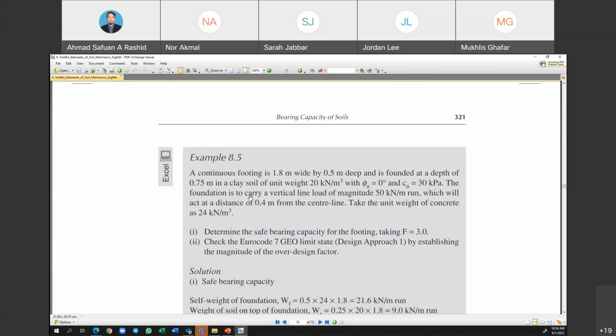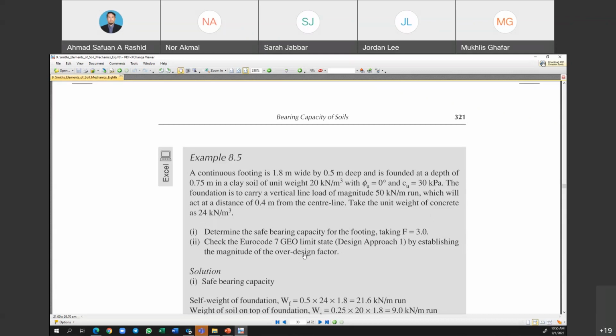The foundation is to carry a vertical line load of magnitude 50 kilonewton per meter run, which will act at a distance of 0.4 from the center line. Take the unit weight of the concrete as 24. First, determine the safe bearing capacity for the footing, taking F equal to 3.0. Then check Eurocode 7, GEO limit state design approach 1, by establishing the magnitude of the overdesign factor.